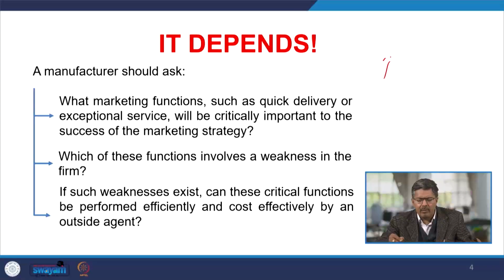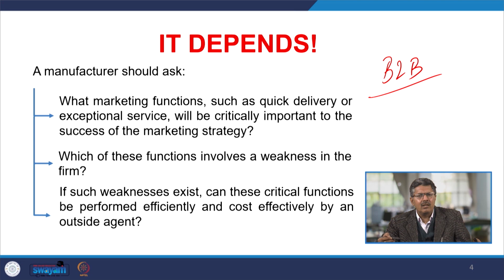Now, how would you ensure that the product is well promoted? Now, all these different things may be required to market a product, but can the manufacturer do it? And in the case of B2B, we are talking about very different kinds of products and services.